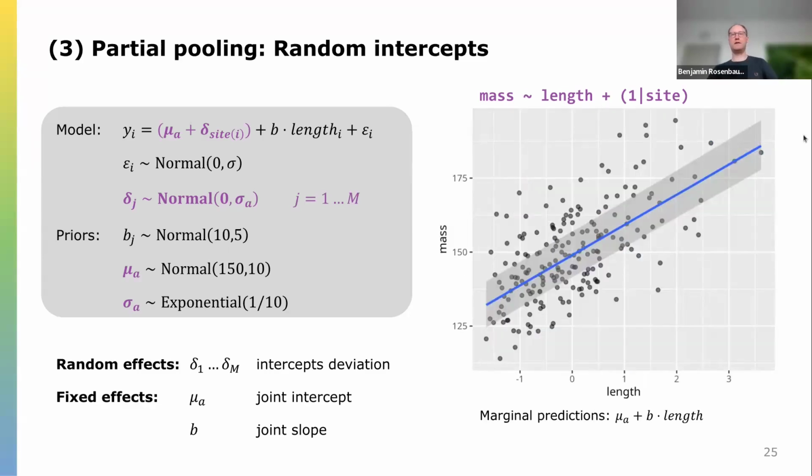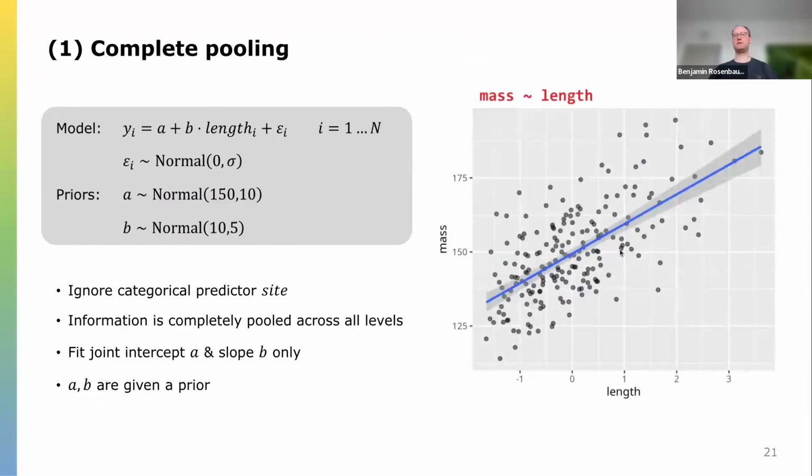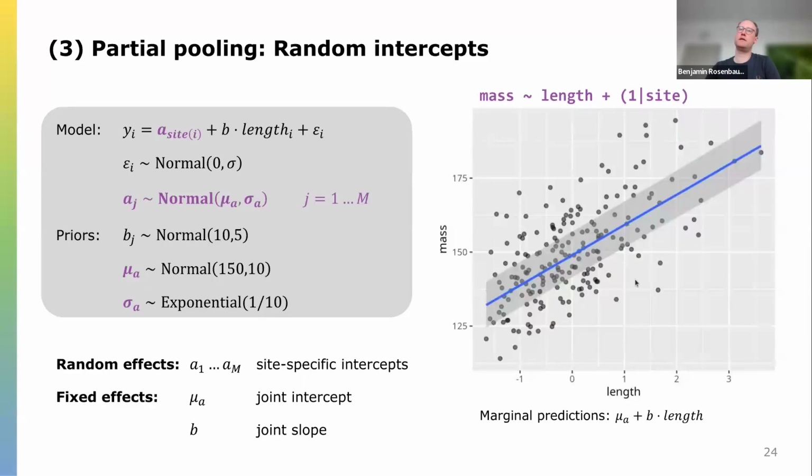You can look at the overall regression here, which uses the mean intercept and the slope, and this is called the marginal prediction, because we are marginalizing out the predictor site. So we could also say we're averaging over the predictor site, and then we get this regression line, which involves a bit more uncertainty than the model where we do not include site at all. Here we have a bit more uncertainty because we correctly included that these data points are not all independent.